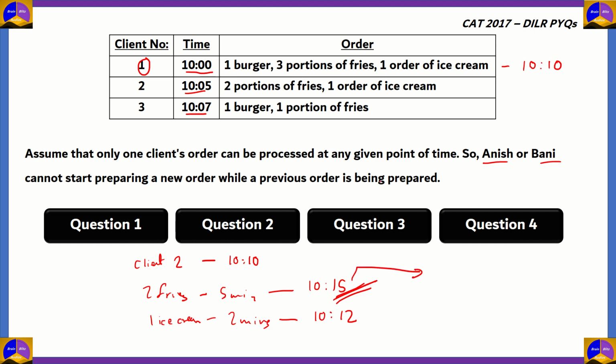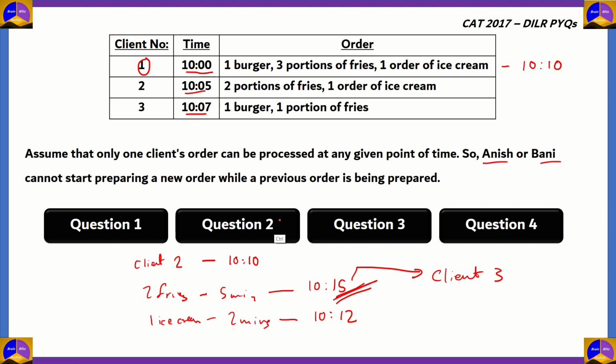Now we still have client 3's order as well. Let's rephrase that. So client 2 was completely served at 10:15 a.m. That's the time when we can begin to process client 3.